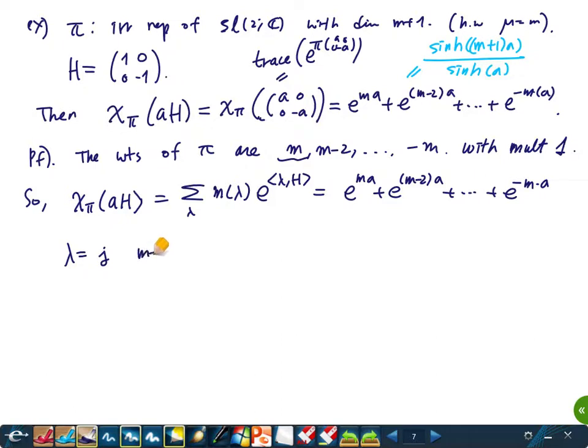This weight means that lambda applied to this h is j. Then of course lambda of a is aj. If you remember, we defined a weight to be just an integer at the beginning, but later we defined weight to be a linear functional. So it just follows from the definition.